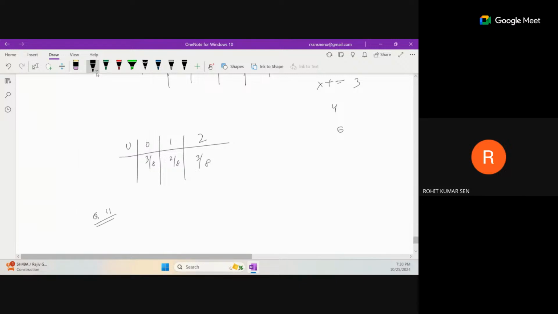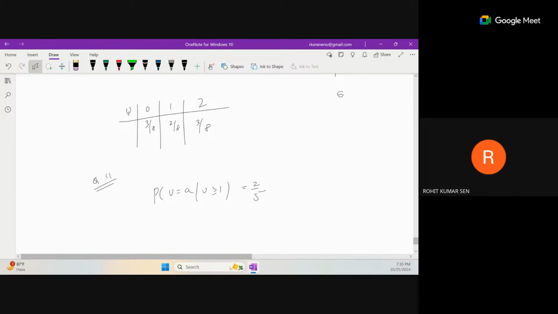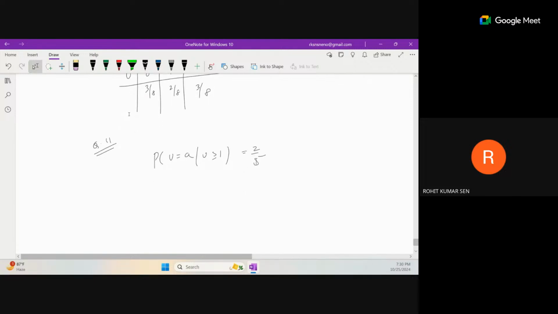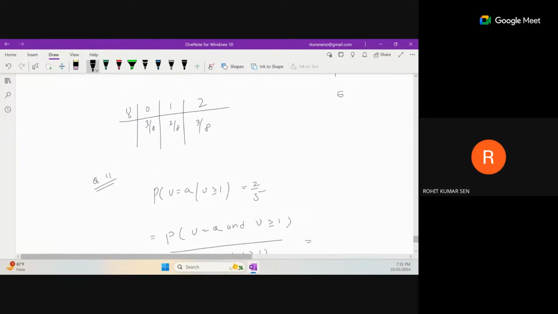Now we will solve another question. Probability of U equal to a, given U greater than or equal to 1, is equal to 2 by 5. The distribution is given for you, so now it should be easy. I will just apply the formula here: U equal to a and U should be greater than or equal to 1, over the probability of U greater than or equal to 1.